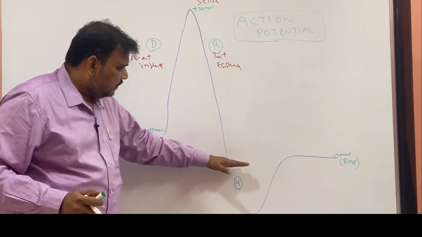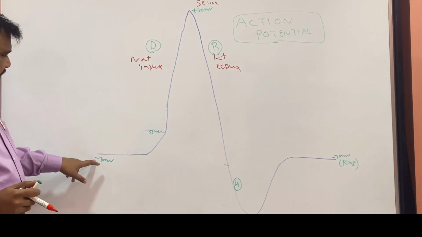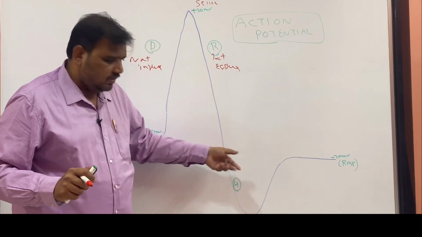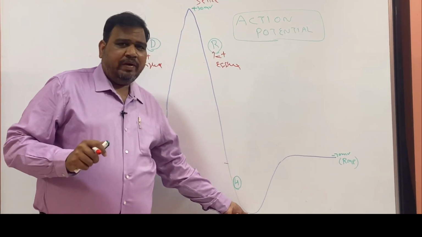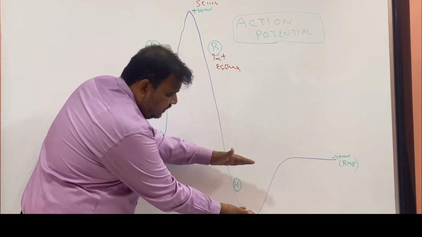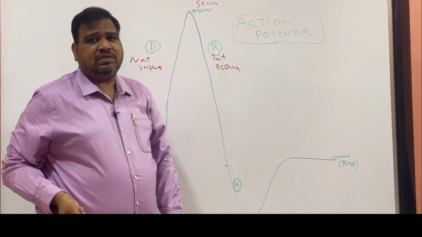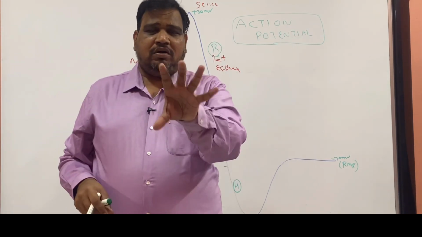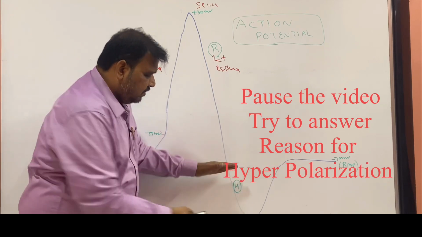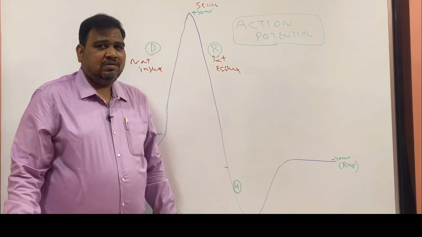The action potential curve starts from minus 70. We expect it to end at minus 70, but it is not ending. It is going below minus 70. What is the reason for this hyperpolarization phase? You can pause the video and try to find out the answer.